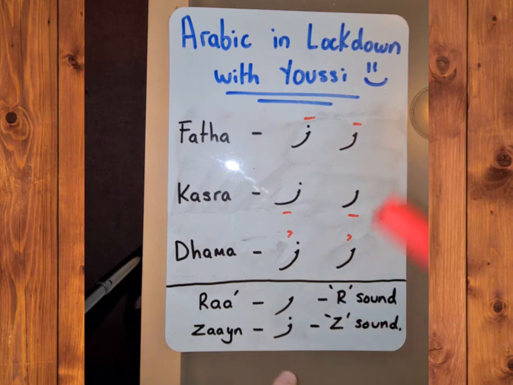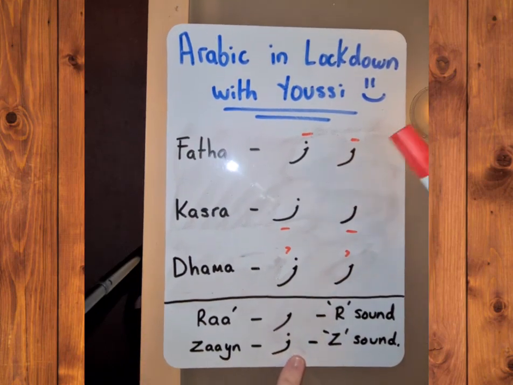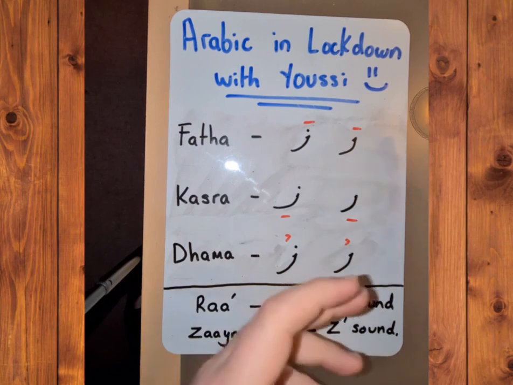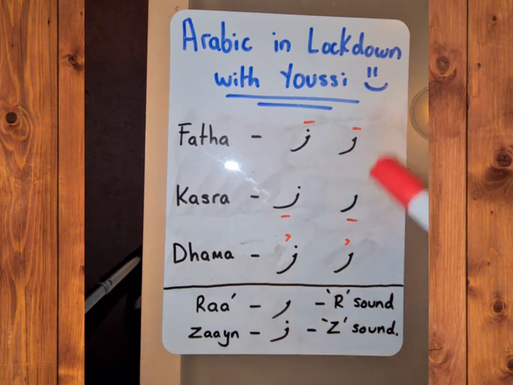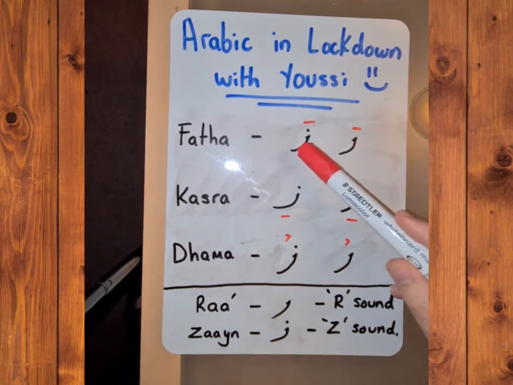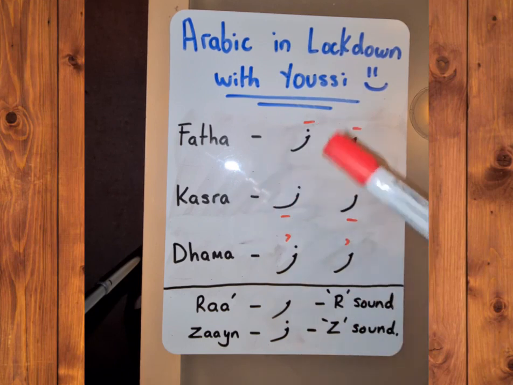With a Fetha, and I've put them next to each other so that we can actually compare them this time. With a Fetha on top, the letter Ra would sound, of course, many of you can actually jump to this conclusion already and tell me if you've been following lesson 1, 2, and 3. With a Fetha, it would be Ra, and for Zain, with a Fetha, would be Za.